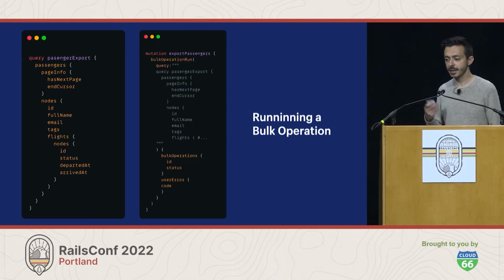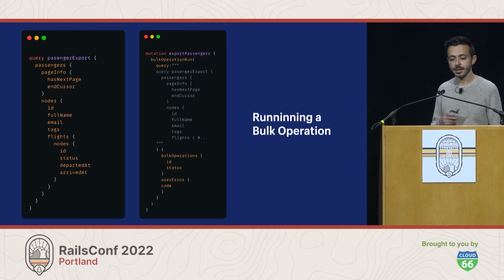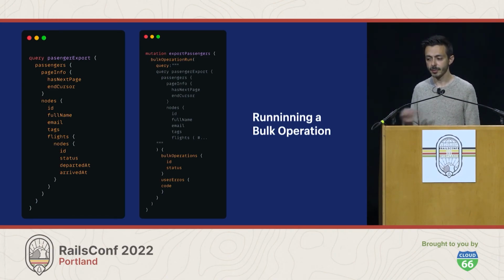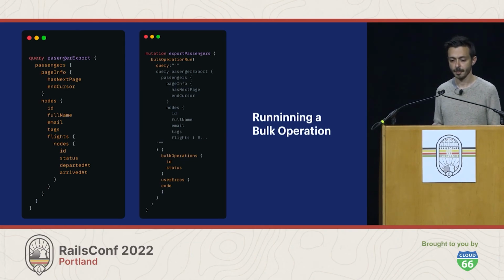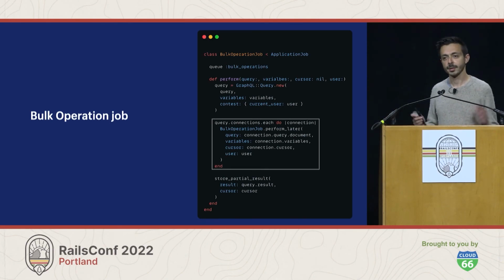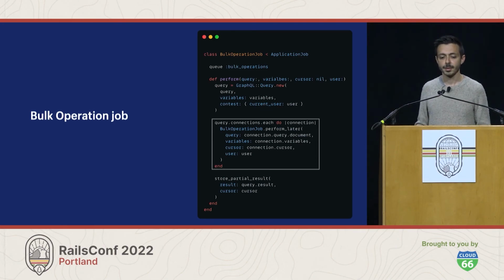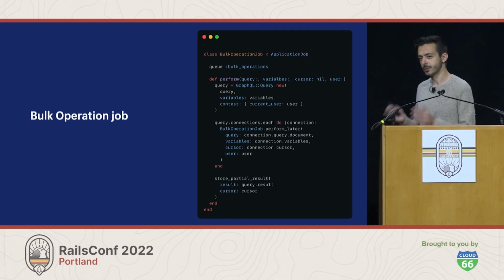And then they create a mutation to run this query as a bulk operation, and they pass the query that they want to run. And now this query will be run as a background job on the server. The server parses the query, detects the connection, and splits this job into smaller and smaller jobs that eventually will be assembled together and be available to the user.